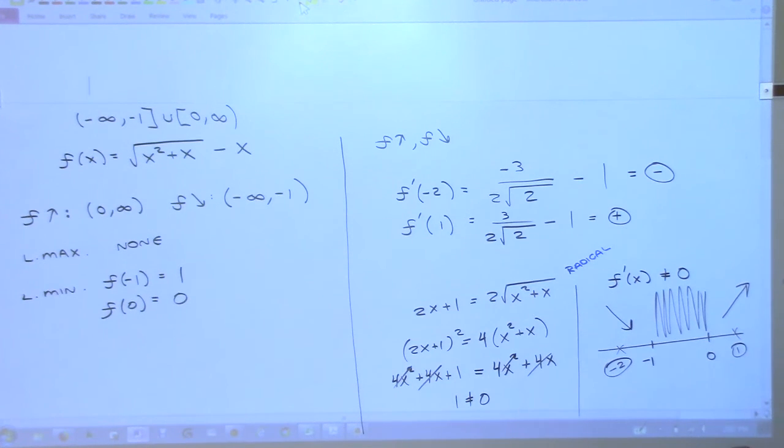The second derivative. I'm just going to erase all this, okay?